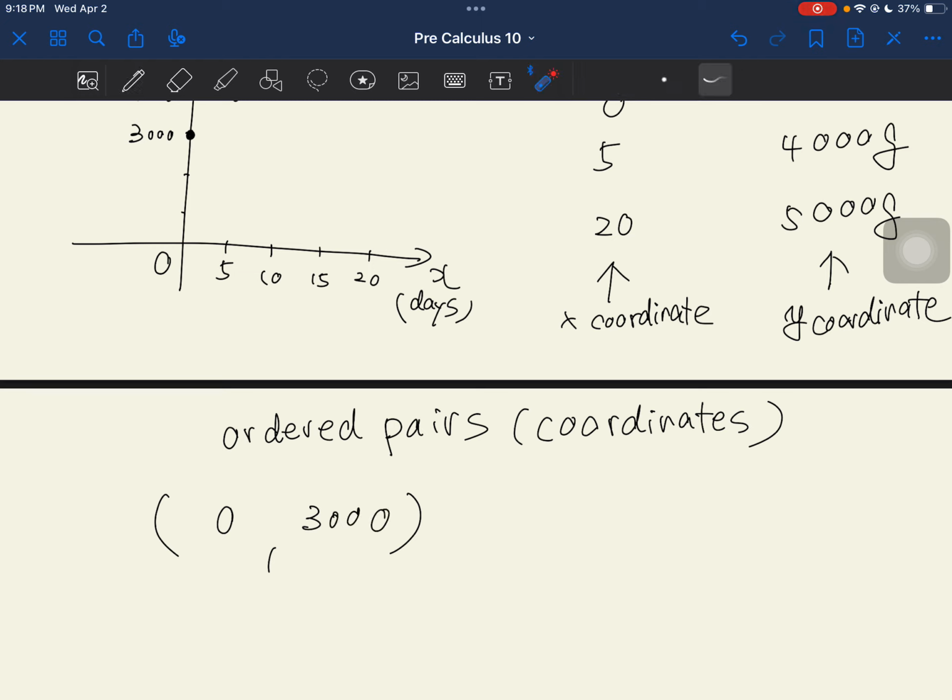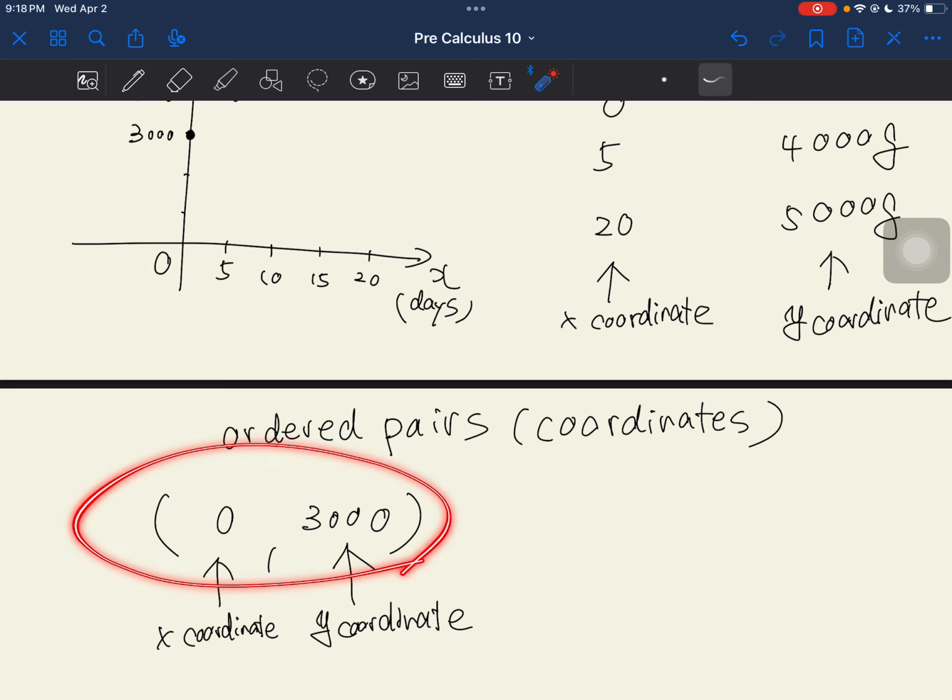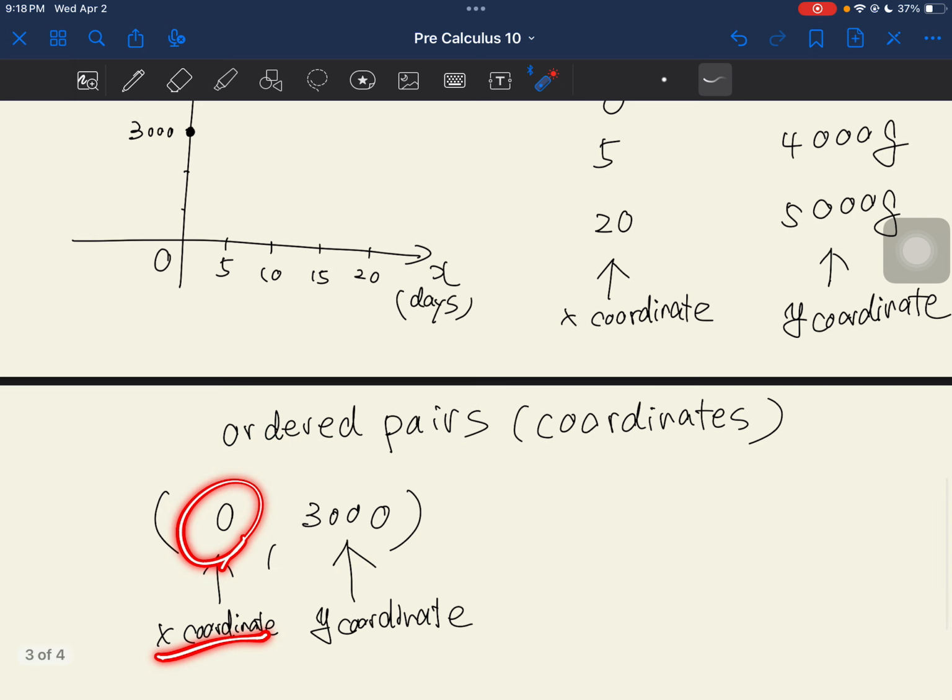The number on the left side is the x coordinate, the x-axis information, and the one on the right is the y coordinate, the y-axis information. This is the rule in mathematics: the left is always the x coordinate and the right is the y coordinate.